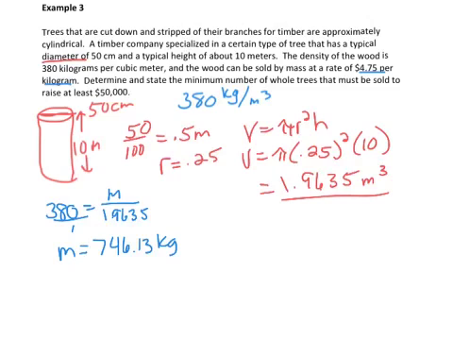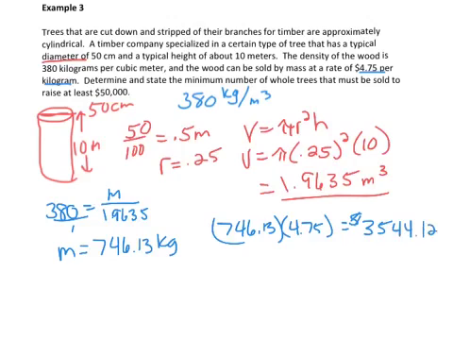Okay, so now we can find the cost of one tree. I take my mass, 746.13 kilograms, and this is $4.75 per kilogram. So one tree is going to be about $3,544.12.